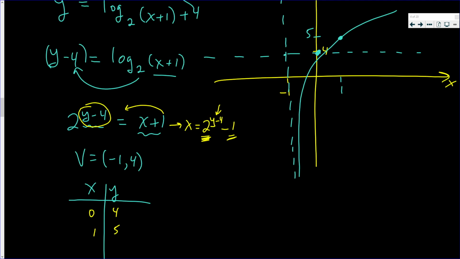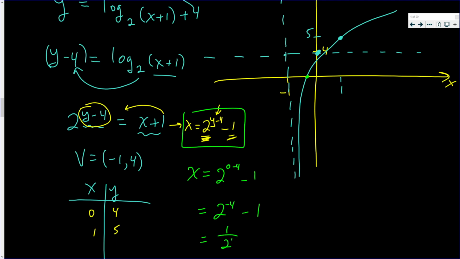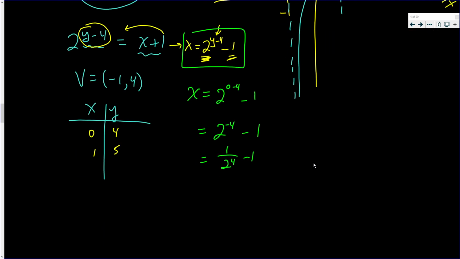Now, if your teacher wants you to state that point, well, that's when y is 0. So x, just copying this, x is equal to 2 to the 0 minus 4 minus 1, which is 2 to the minus 4 minus 1, which is 1 over 2 to the 4 minus 1, and 1 over 2 to the 4 is 1 over 16, minus 1, which I'll write as 16 over 16.